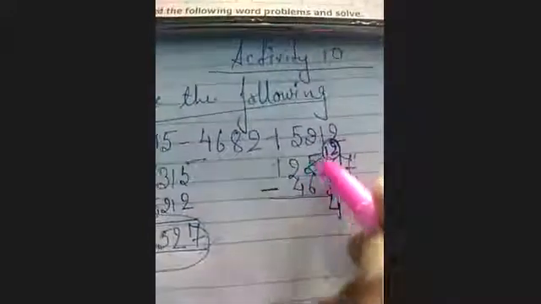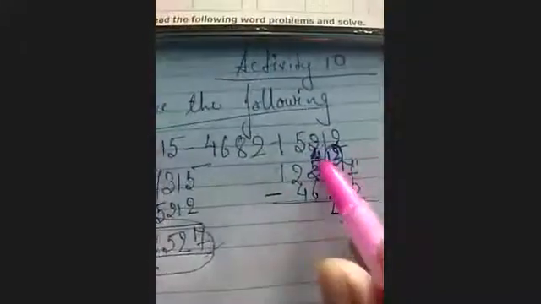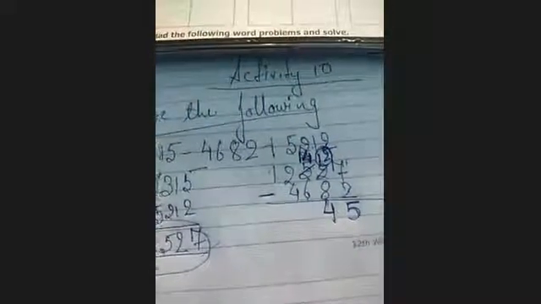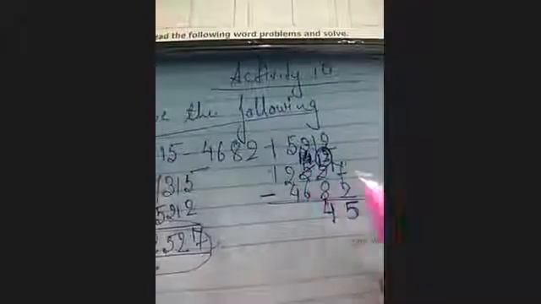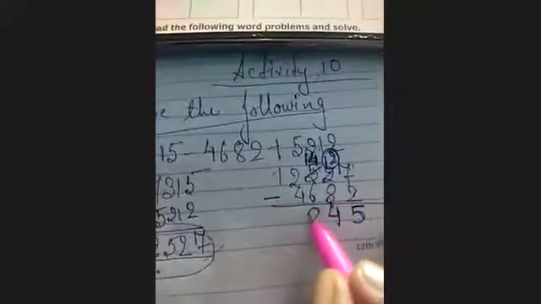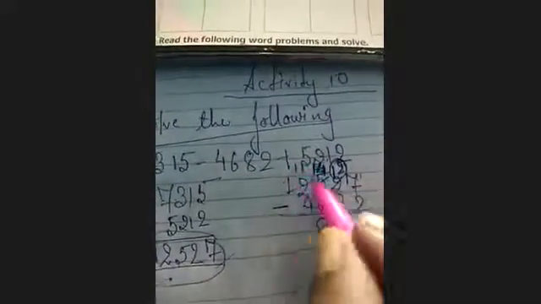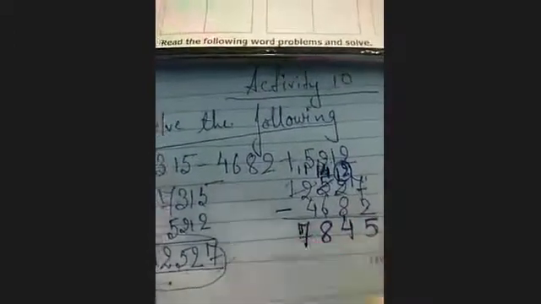Now this becomes 4. 6 cannot be subtracted from 4, so it borrows 1 from the previous number. Now it becomes 14. So 14 minus 6 equals 8. Now this becomes 11. And 11 minus 4 equals 7. So this is your answer. Beside it, write the right answer.